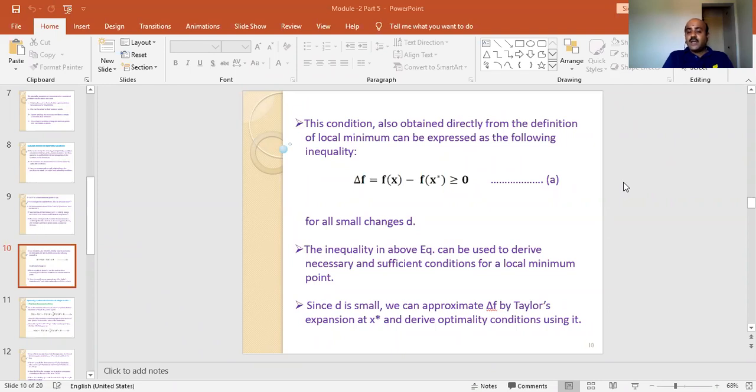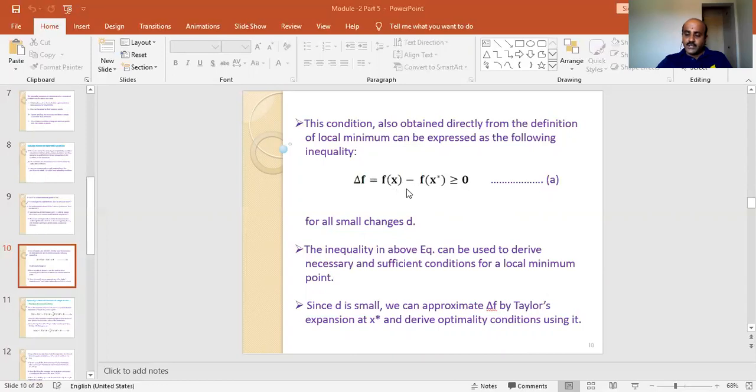The inequality in the above equation can be used to derive the necessary and sufficient conditions for a local minimum point. So equation A, what we have written here, is the most important equation for us for deriving the necessary as well as sufficient conditions for a local minimum point. Please remember this.